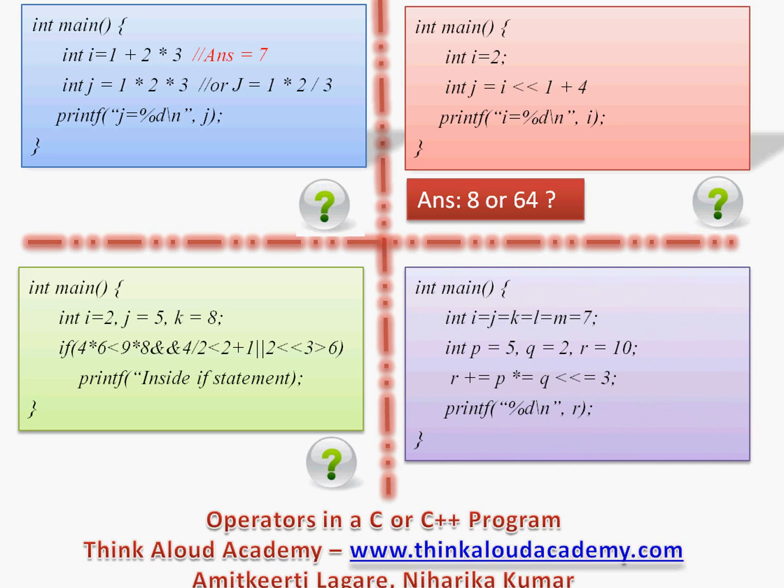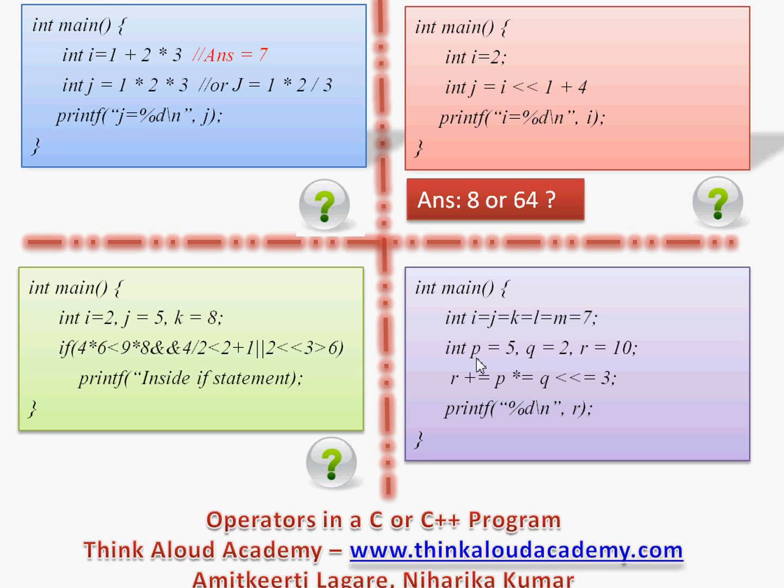The final example in this context has two statements. The first one is int i = j = k = l = m = 7. Is this a valid statement? And if it is, what exactly does it mean and how is it evaluated?